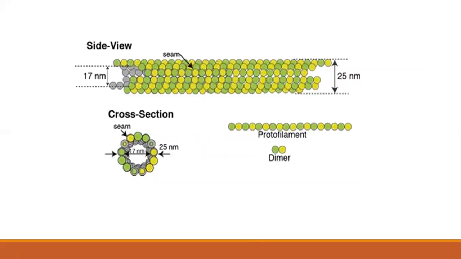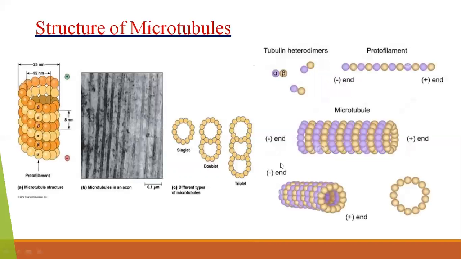So this is the side view of tubulins, which is 17 nanometer or 25 nanometer. This is a cross section of tubulins, showing the protofilament and the diameter.